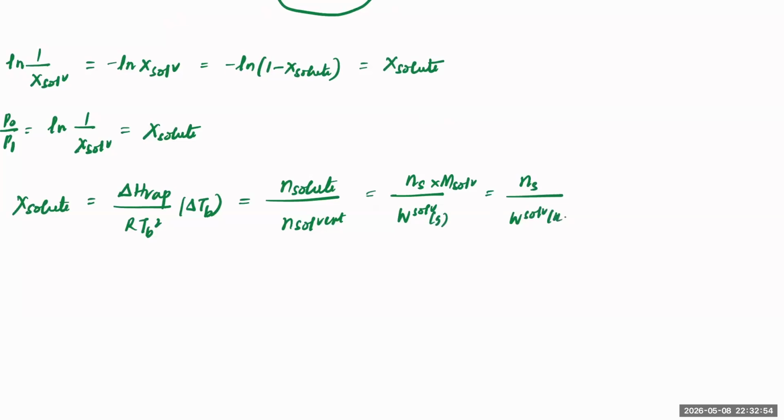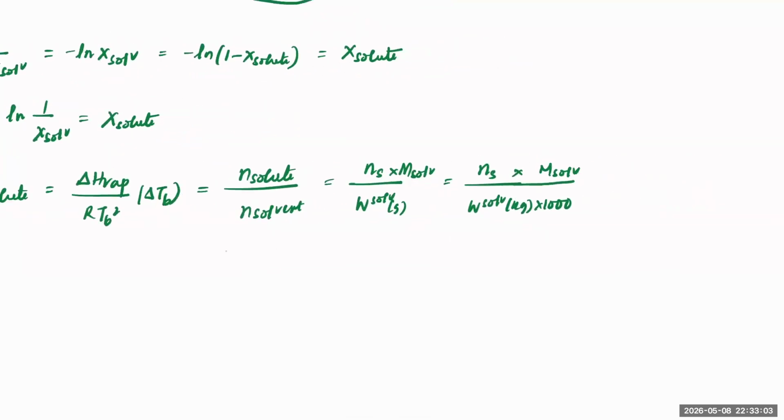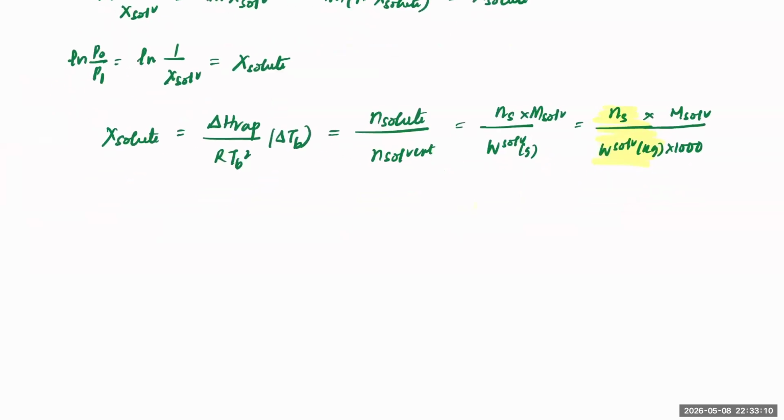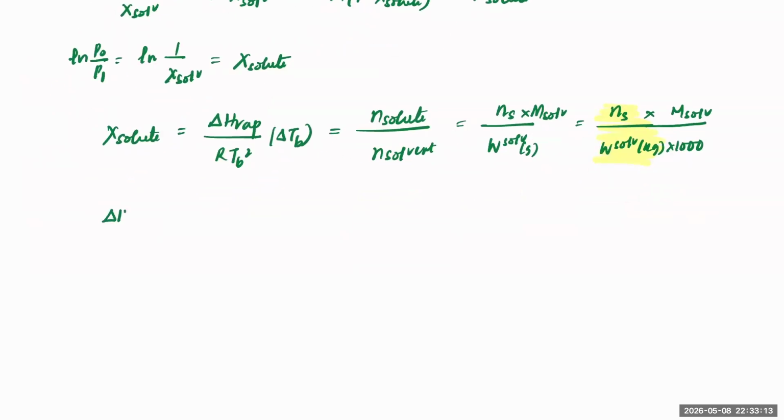Now I'm writing it in kgs, so multiply that with 1000 into the molecular weight of solvent. Now if I equate here and here, have you noticed something? This is the definition of molality. Hence, delta H of vaporization by R T B square into delta T B is equal to molality into the molecular weight of the solvent by 1000. Okay.